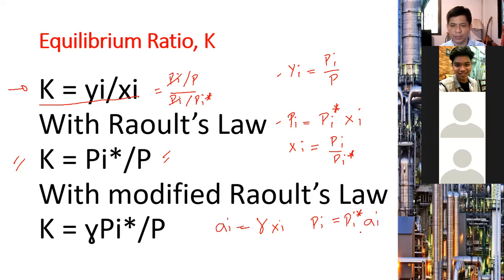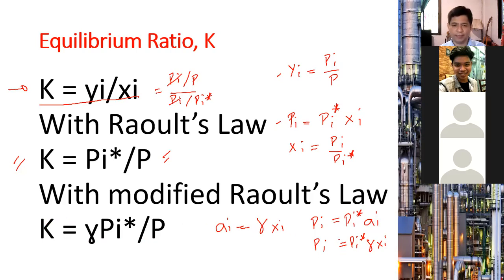No? So notice na pag pinalitan nyo lamang yung a sub i, nitong a sub i is equal to gamma times x sub i. Okay? So magka-cancel out pa rin dyan yung P sub i, pero yung matitira itong P sub i star times gamma. Kaya ganito na yung equation ng K sa modified Raoult's law.